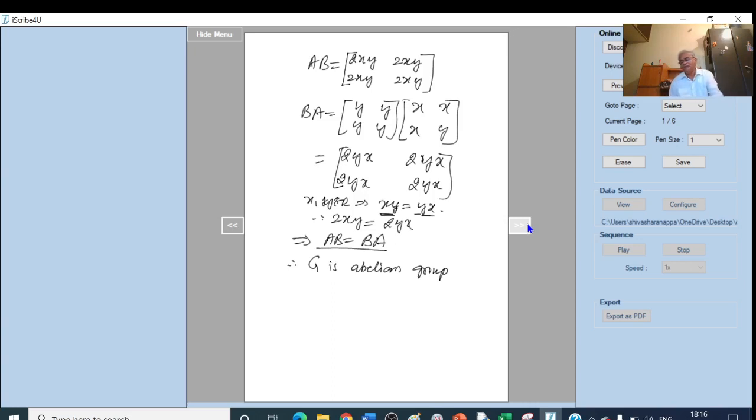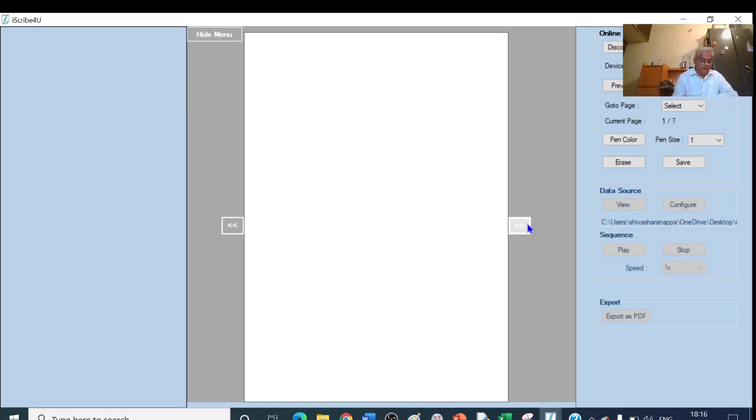Next example. We'll go to the next page. The fourth example is G equal to the set consisting of the matrices [x, 0; 0, y], where x, y belong to R and x, y are not equal to 0.